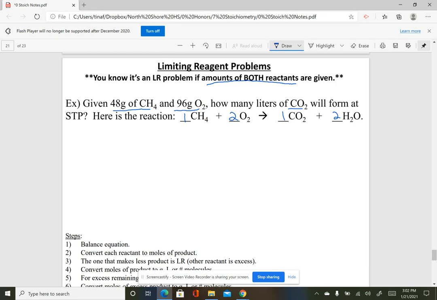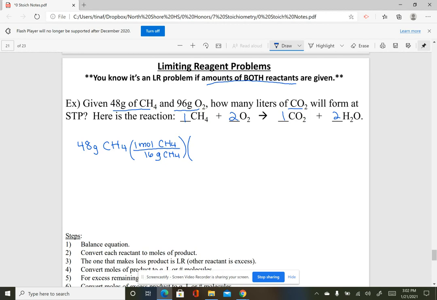Okay, so let's start by writing what I'm given. 48 grams of CH4. Now, I always want to convert everything to moles, right? So 1 mole of CH4 is 12, 13, 14, 15, 16 grams. And notice how, guys, I'm not only writing units now when I'm doing my dimensional analysis, but I'm also writing what substance I'm talking about.